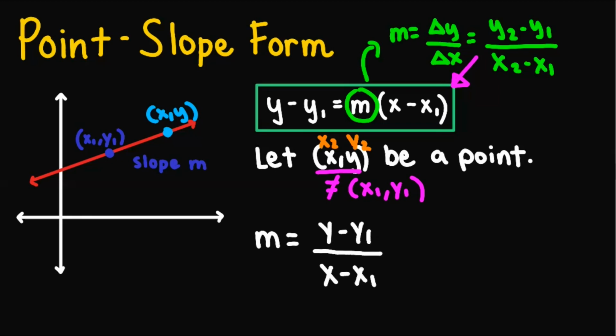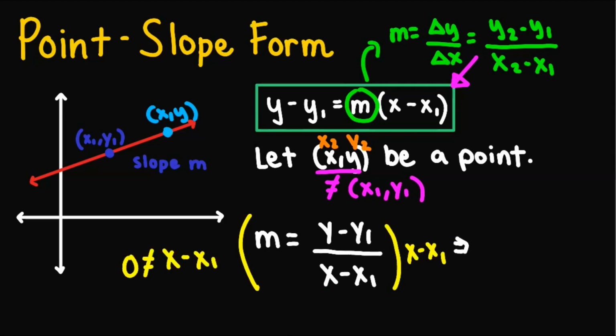From here, note that we can multiply both sides by x minus x sub 1, because we know that x and x sub 1 will never be the same or equal. So we know that x minus x sub 1 is not equal to 0.